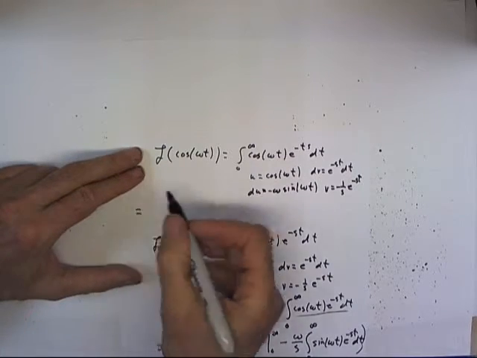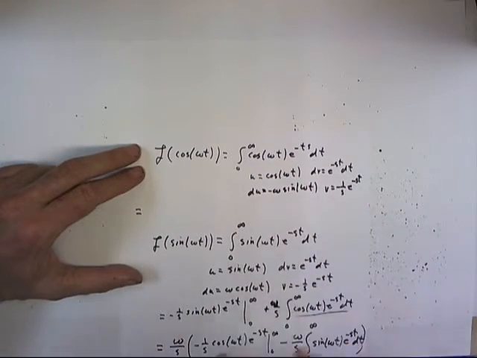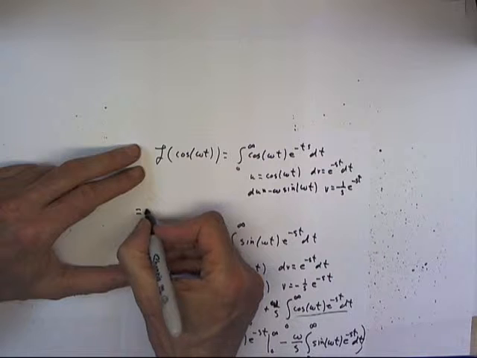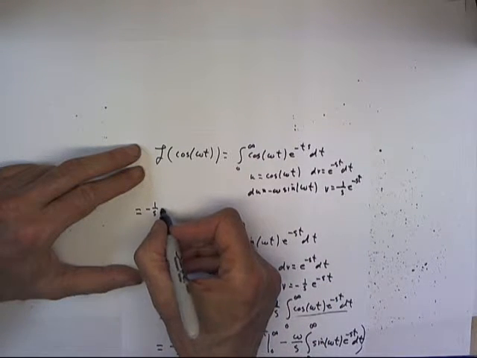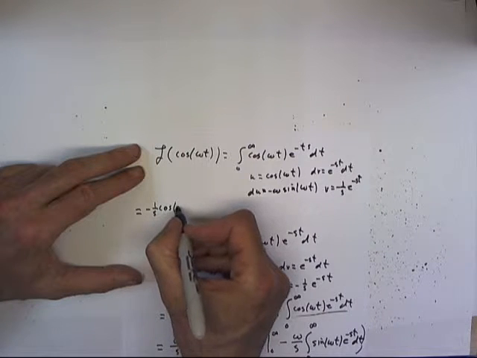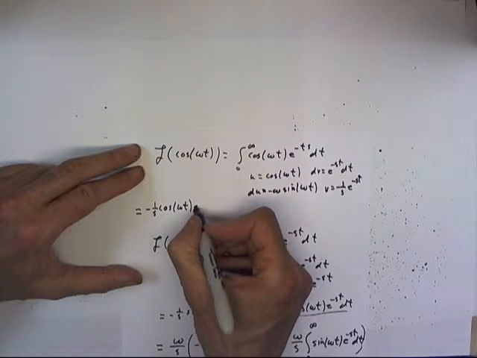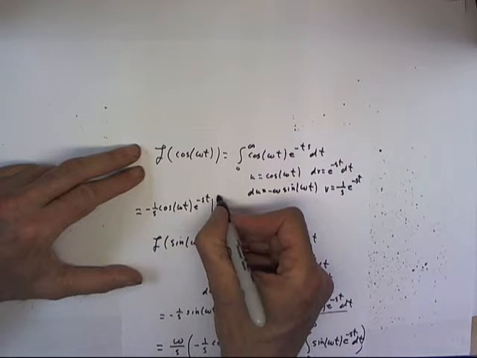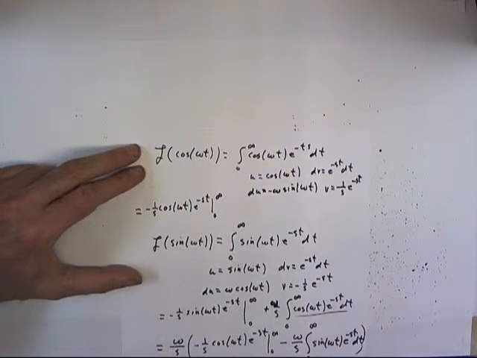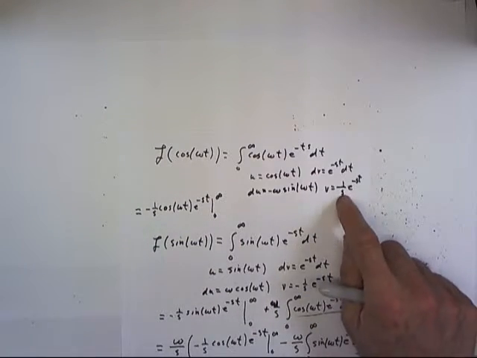And our integral then becomes uv, which is negative 1 over s times cosine of omega t e to the negative st evaluated from 0 to infinity. And then it's minus the integral of v du.